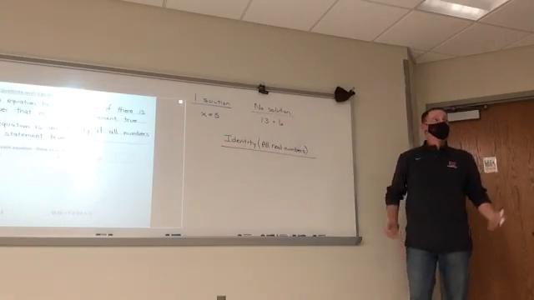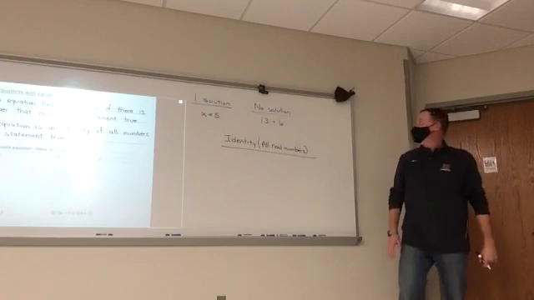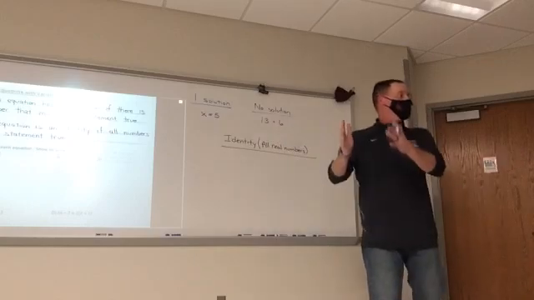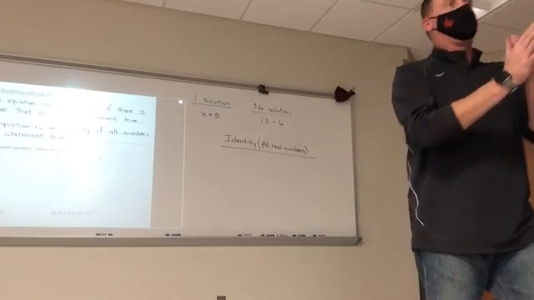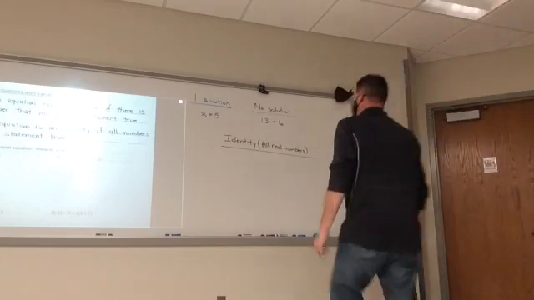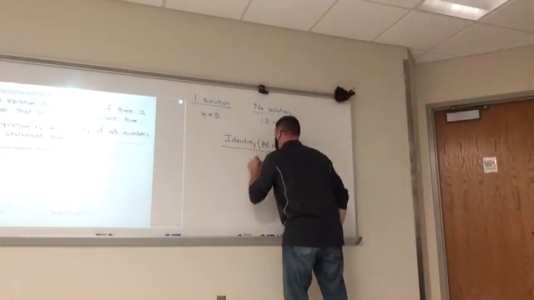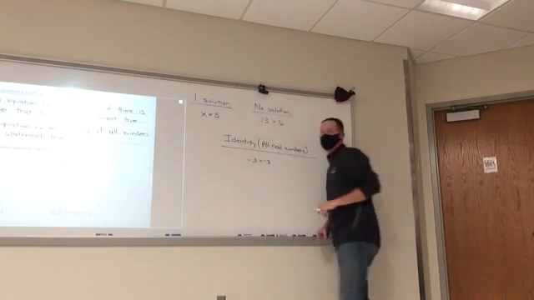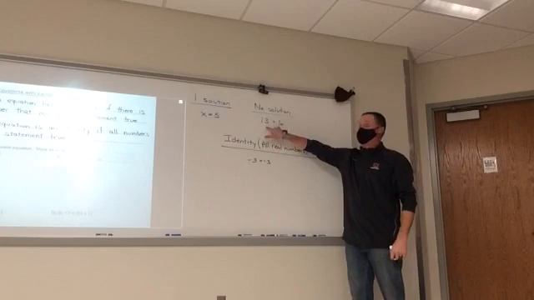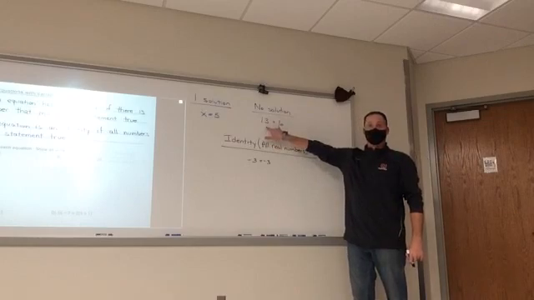Okay, what's going to happen when I have an identity? Well, just like in the no solution, when I get all of my variables onto one side, they're going to be canceled out. But here's what's going to be different. I'm going to be left with something like -3 equals -3. What's the difference here? Well, this statement here isn't true.